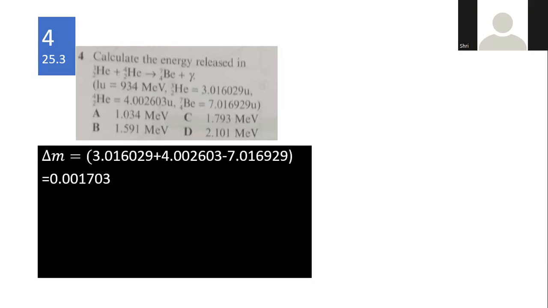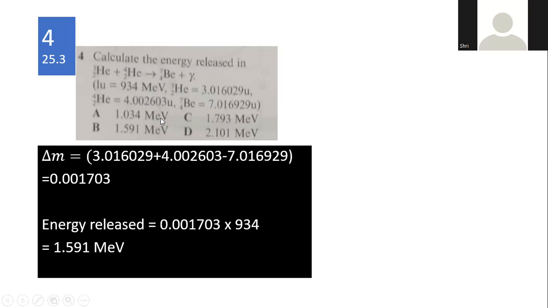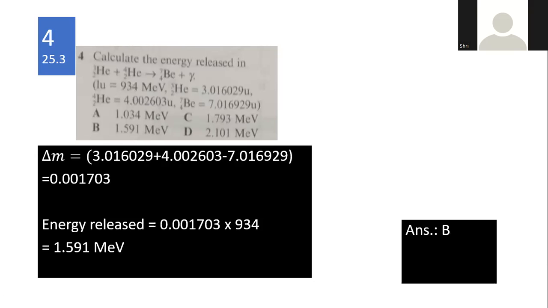You should have calculated it out. Find the mass defect, and then times 934. I've given you 934 to convert to energy. Okay, good.